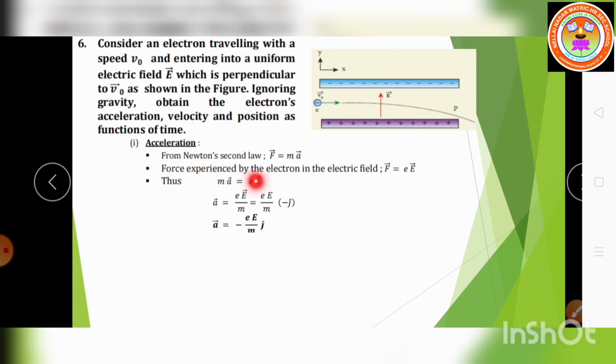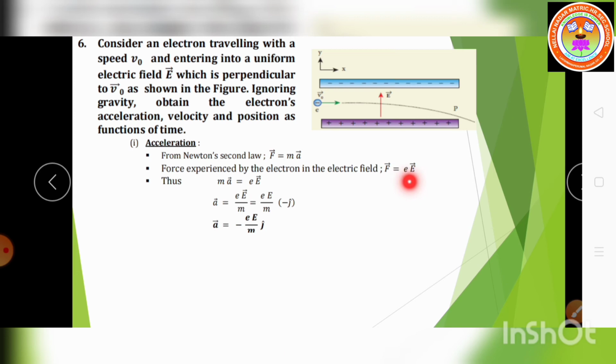The force experienced by the electron in the electric field is F equals qE. Here the charge is the electron's, so in place of q we write e. So F vector is equal to e times E vector.